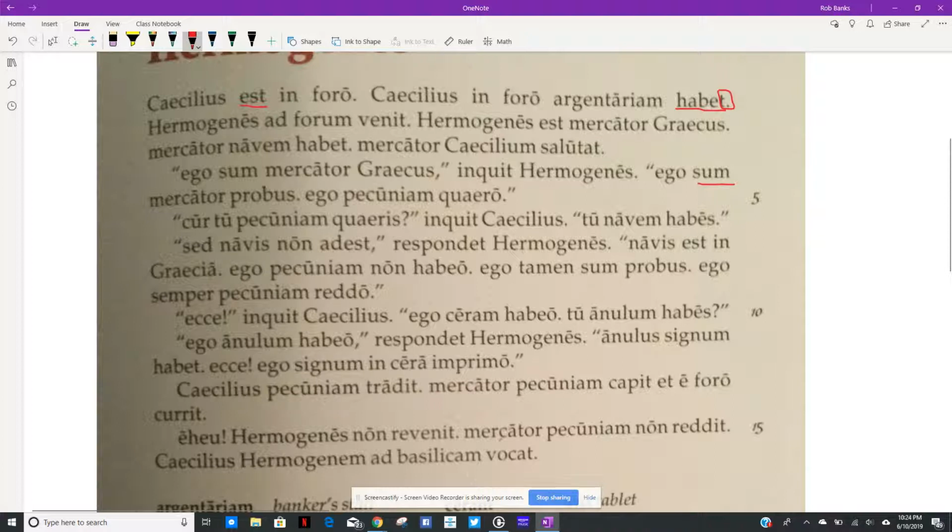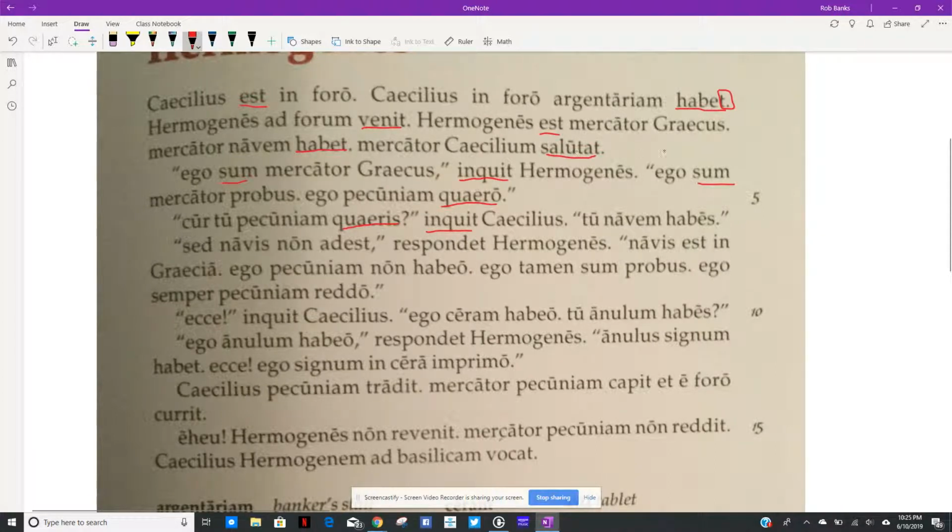are. Right, so Caecilius est in foro, Caecilius in foro argentarium habet, Hermogenes ad forum venit, there's a verb, Hermogenes est, Mercator Graecus, Mercator navum habet, Mercator Caecilium salutat, ego sum Mercator Graecus, inquit Hermogenes, inquit, ego sum Mercator probus, ego pecunium quaero. Cor to pecunium quaeris. It's going to be a verb. Okay, inquit again.